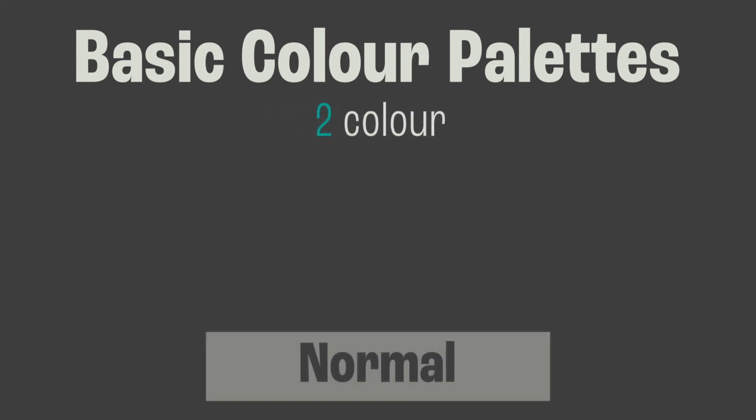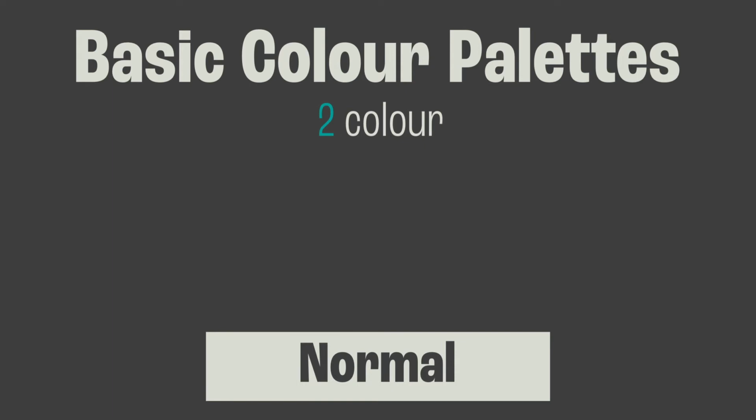So we talked about basic color palettes, and the most basic color palette is what we'd call a two-color palette. Now, it's two colors on top of my background, so I've got the grey already, but a basic two-color palette would have a normal color, like I've used for all the text on this slide. It's not complete white.